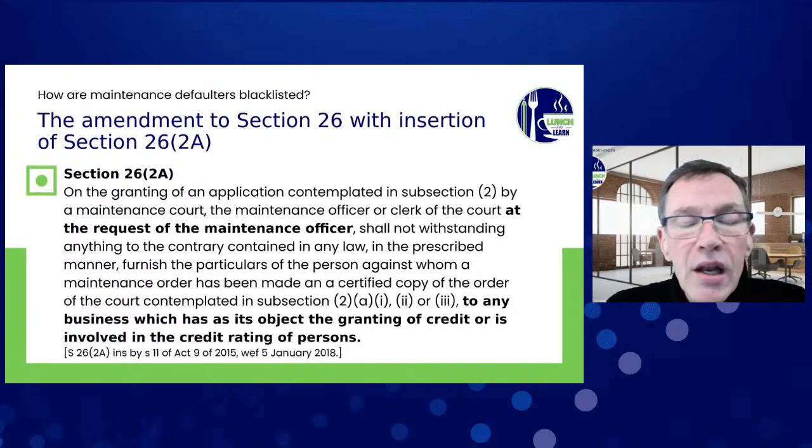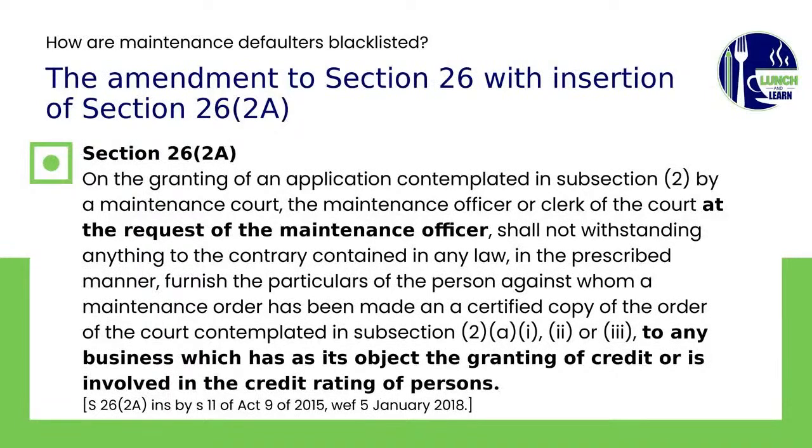If one also looks at the provisions of Section 26(2)(a), that was a new provision that was brought in with the Maintenance Amendment Act, and it came into force on the 5th of January 2018.